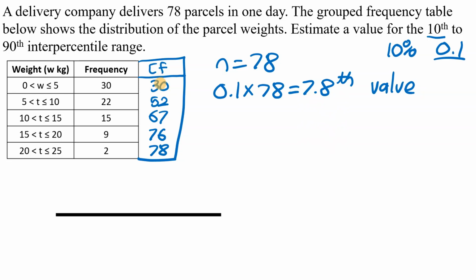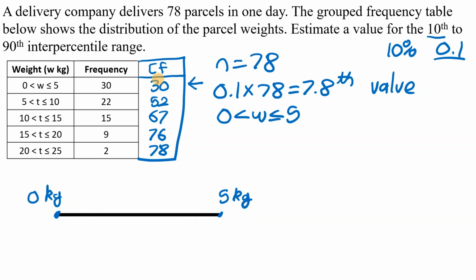So if we look at the cumulative frequencies, these are the first 30 values. So as we're looking for the 7.8 value, it's going to be in this interval here, between 0 and 5. Okay, so if we look at this interval, I would draw a diagram like this to show what's going on, as I talked about in the last video. So it starts this interval at 0 kg and it ends at 5 kg.